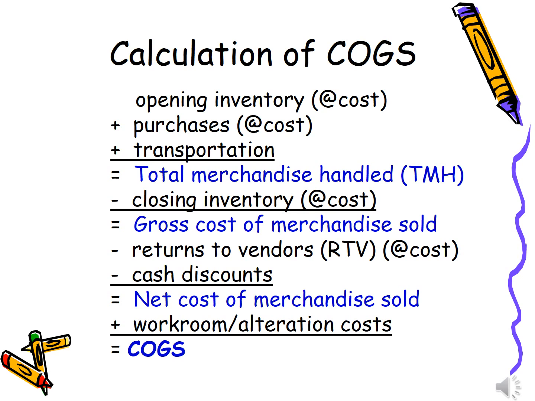So on the next slide, we're going to see the shortcut calculation after ignoring these intermediate terms, the TMH, gross cost, and net cost, and just take a look at the actual elements of cost of goods sold and see how they are put together in a shortcut calculation formula.